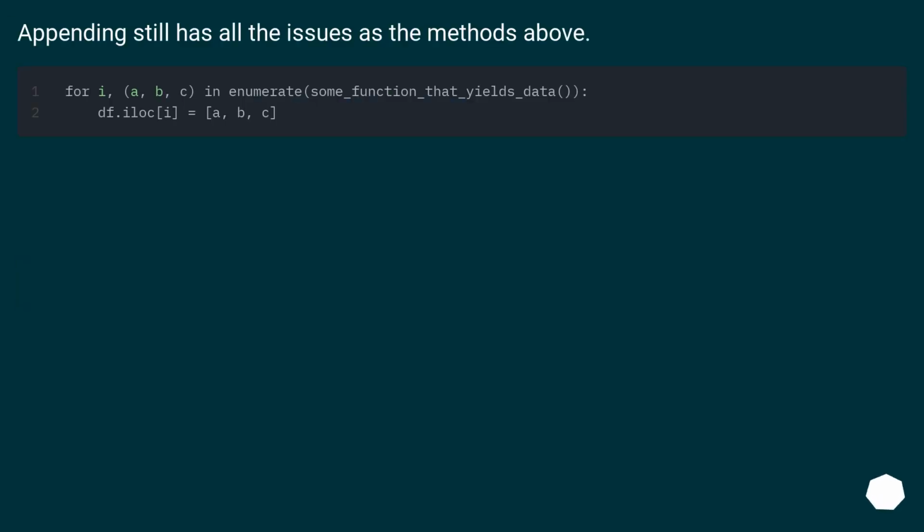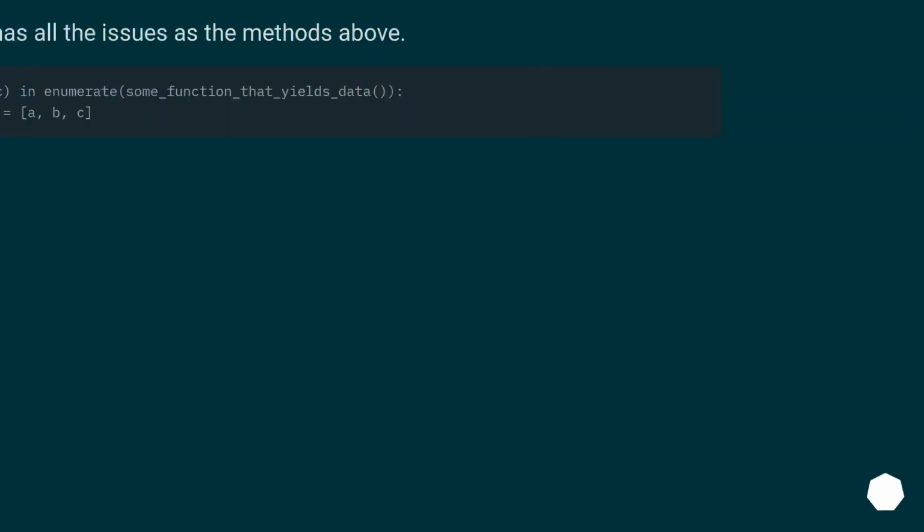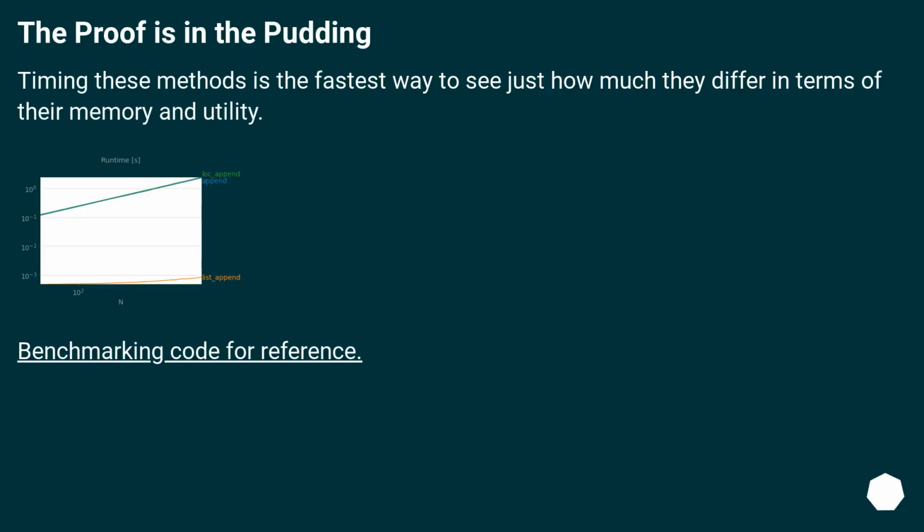Appending still has all the issues as the methods above. The proof is in the pudding. Timing these methods is the fastest way to see just how much they differ in terms of their memory utility. Benchmarking code for reference.